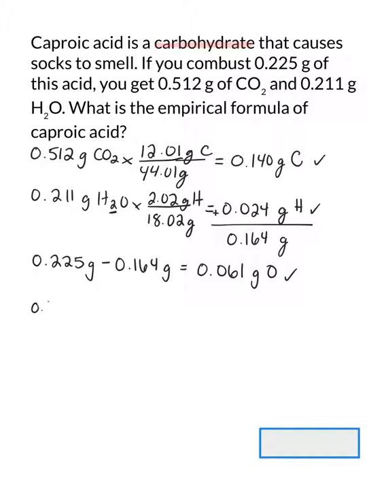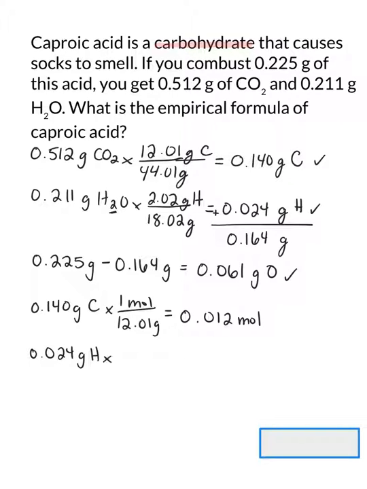Now I can move on to the next step where I'm going to convert all of those to moles. So starting with 0.14 grams of carbon, every 12.01 grams is 1 mole. That means I have a total of 0.012 moles of carbon. For the hydrogen, I've got 0.024 grams of hydrogen. For every 1.01 grams, that is 1 mole.